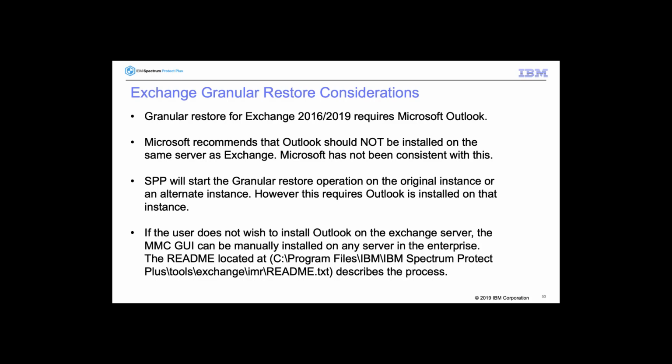If you choose not to do this, you can run the granular restore from any server in the enterprise and just do the granular restore and run the MMC from there. And there's some information in that README text that describes the process of how to do this.